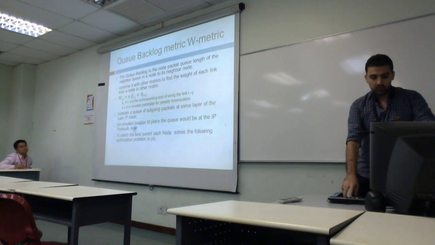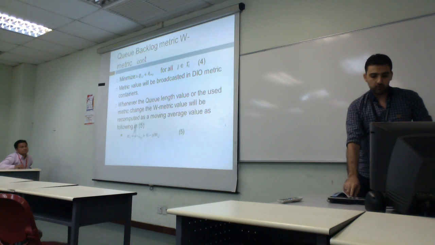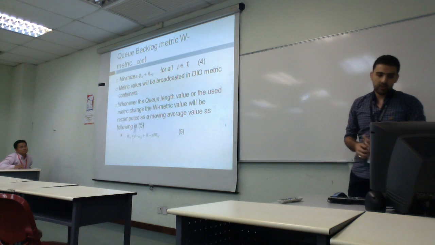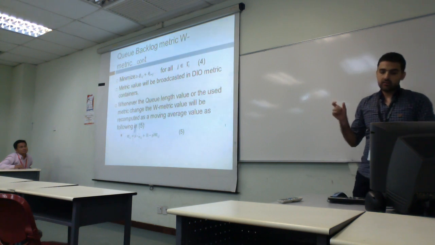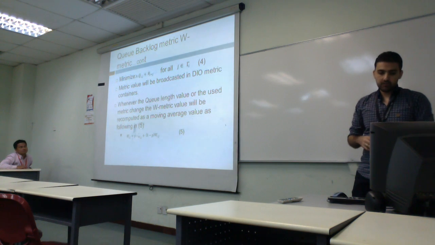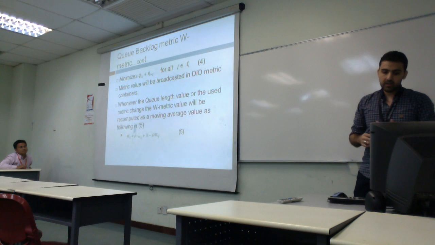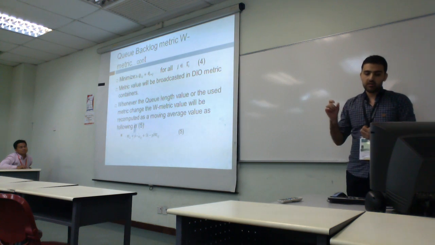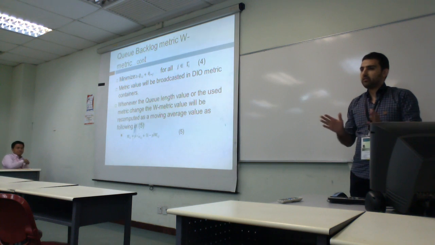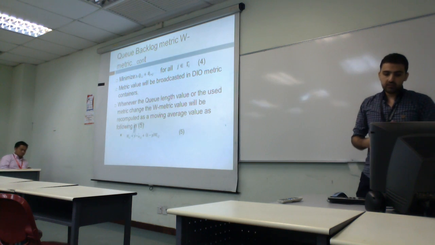Then to select the best parent, each node has to solve the following optimization problem as shown in 4. We have to minimize this value to find the best route, which is x multiplied by Q_ij plus theta_ij, which should be the minimum among its neighboring nodes.